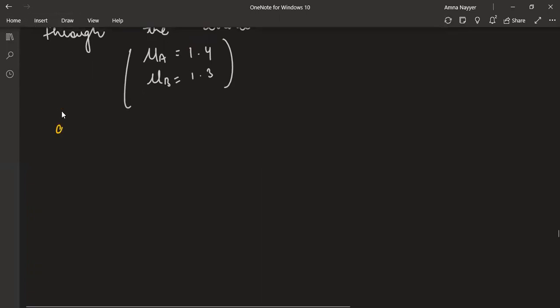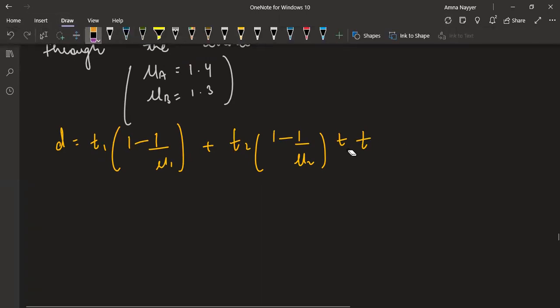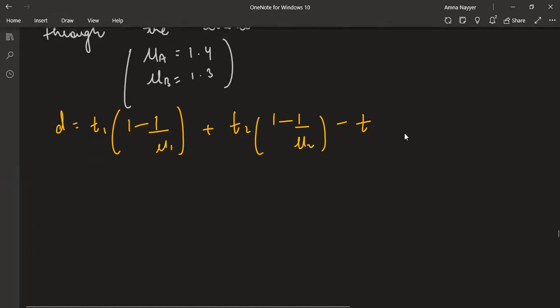See, depth will be first thickness, then 1 minus 1 by first refractive index. Then you add it with the second thickness, 1 minus 1 by mu2, then plus T3, 1 minus 1 by mu3, like this you will use.